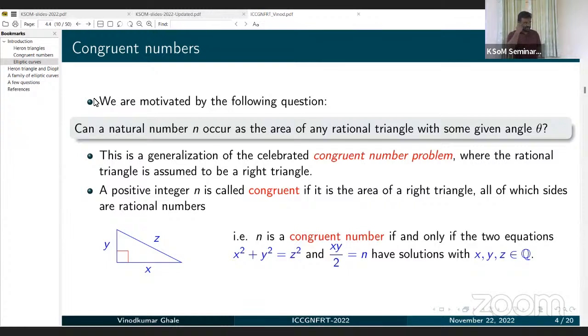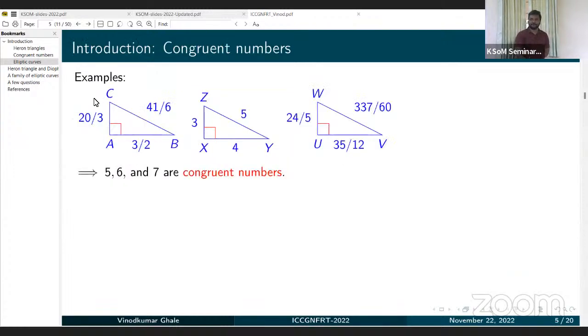I want to point to this observation because we want to generalize the relation between these triangles and Diophantine equations.